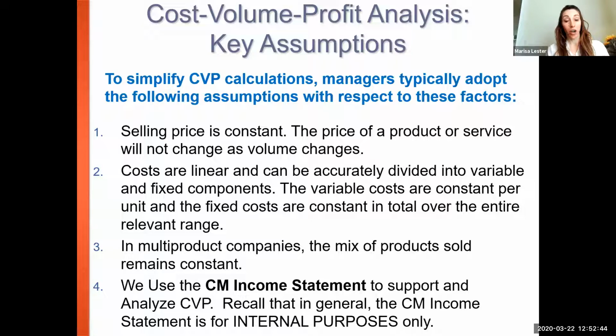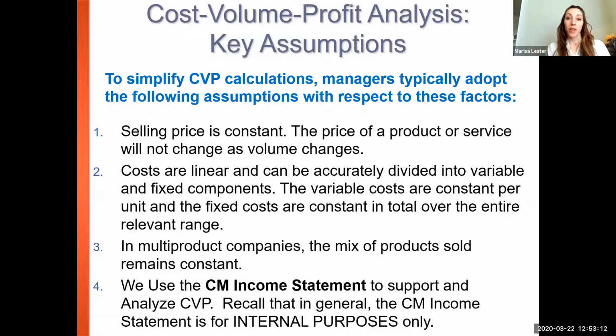So our fixed costs, we know, are fixed in total over a period of time. Our variable costs, we know that in total increase and decrease in accordance with our quantities. And we also know that our variable cost per unit stays constant. If we have a multi-product company, we are going to assume that the mix of products sold remains constant.